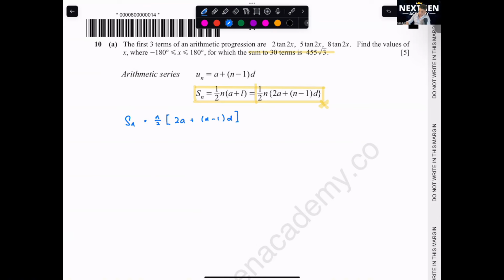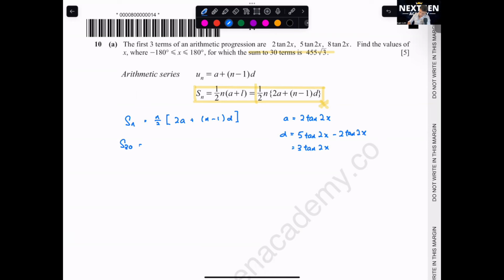We need our a and d first. A will be 2 tan x. D, you will use the next term minus the previous term: 5 tan x minus 2 tan x, which equals 3 tan x. We substitute into this formula.